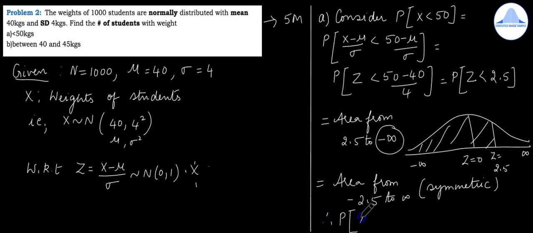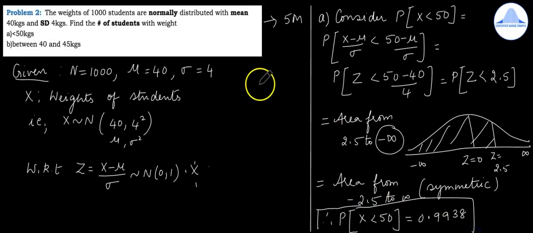So we'll get probability of X less than 50 is equal to 0.9938. Okay, so the problem doesn't end here. They haven't asked us to find out the probability, but they have asked us to find out the number of students. So I will complete this first subdivision here itself.